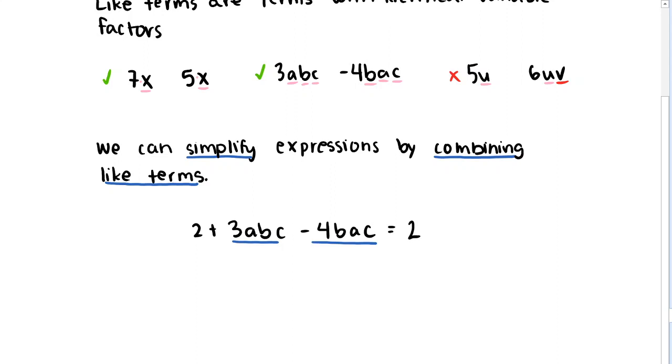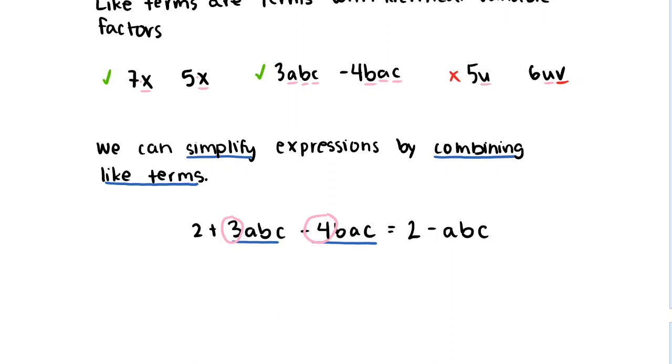But these two like terms, 3abc and minus 4bac, we would just combine their coefficients, 3 and negative 4, to get minus 1abc. If I have 3 sets of abc and I'm taking away 4 sets of abc, then the 3 and 3 would cancel out, but there would still be 1 left over as a negative. So I have 2 minus abc.